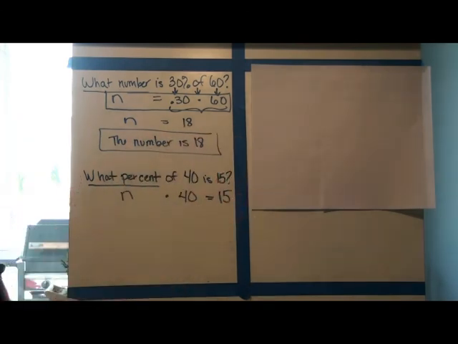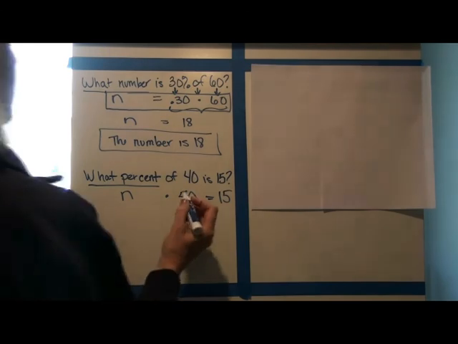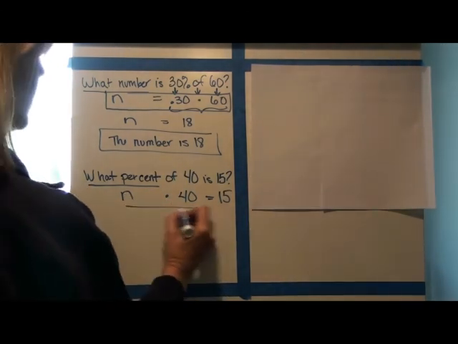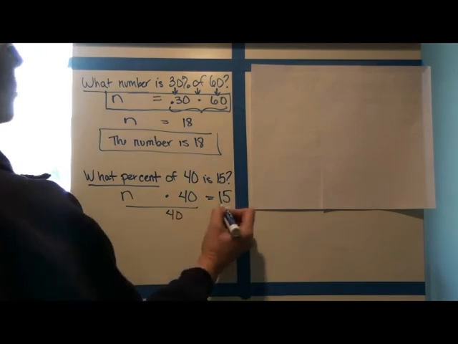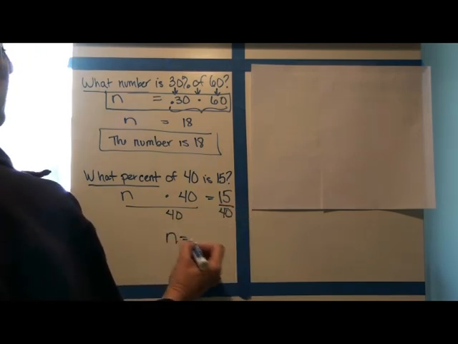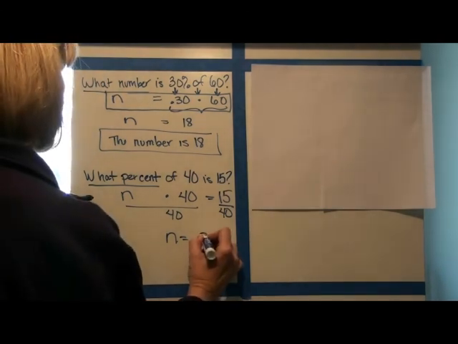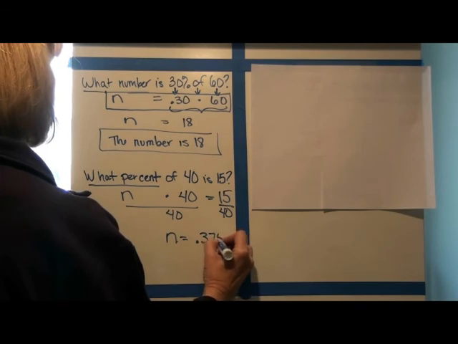Again, that's what we're looking for: an algebra equation that we can solve to get the answer to our question. So since this is n times 40, we're going to divide by 40, which means we need to divide this side by 40. Again, calculator, we get a nice answer that looks like that.